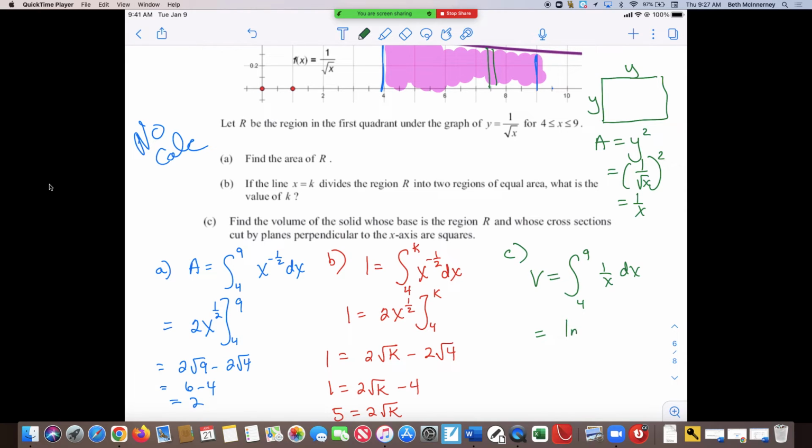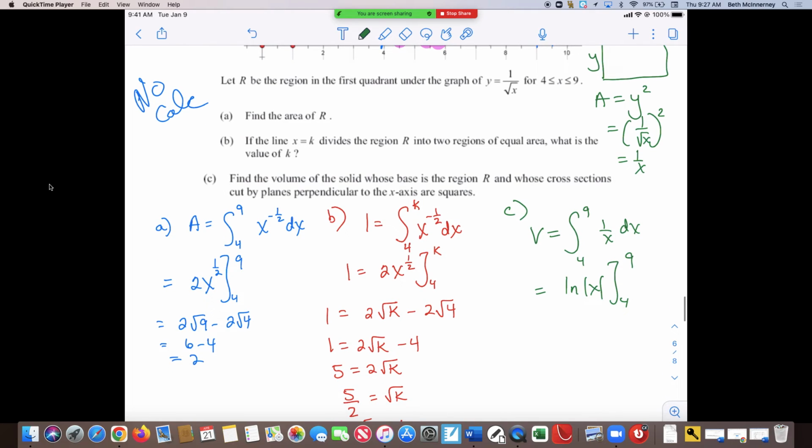Natural log absolute value of x from 4 to 9. Since those numbers, 4 and 9, are positive, I'm allowed to drop the absolute value symbol. So I'm going to get natural log 9 minus natural log 4. That would be acceptable. So is this.